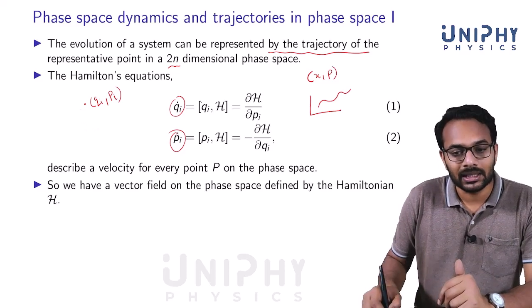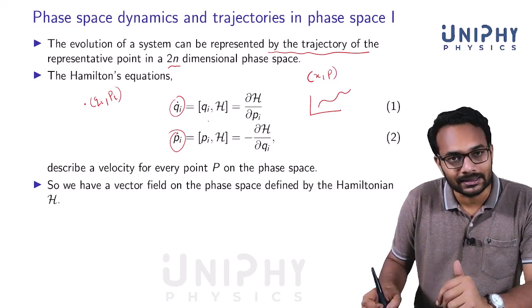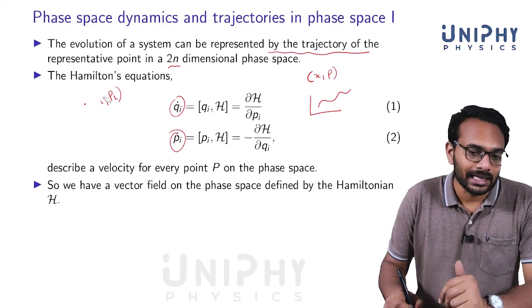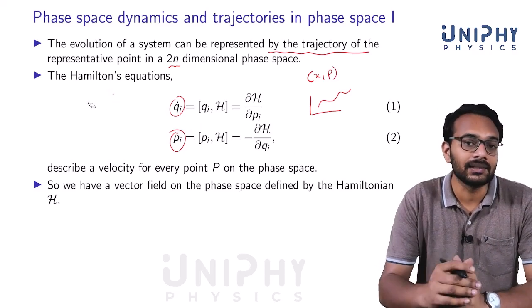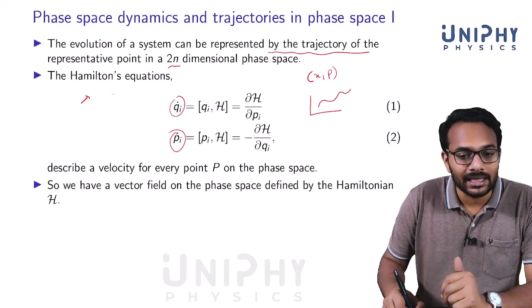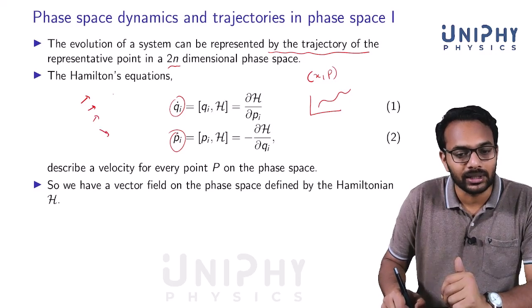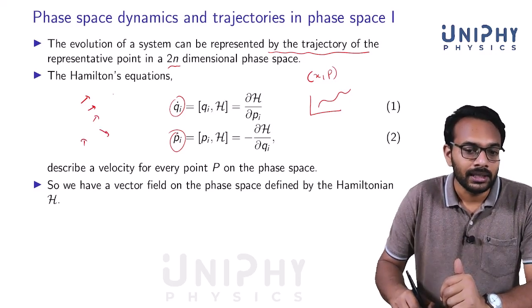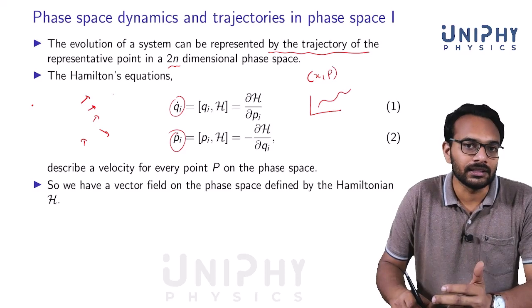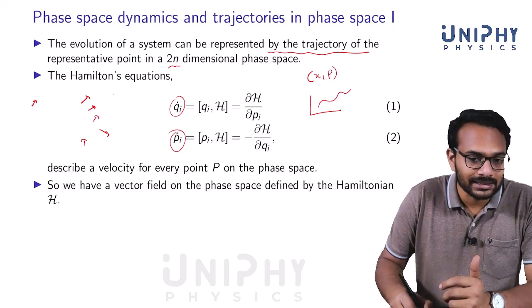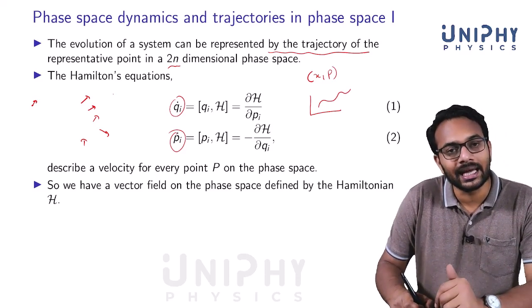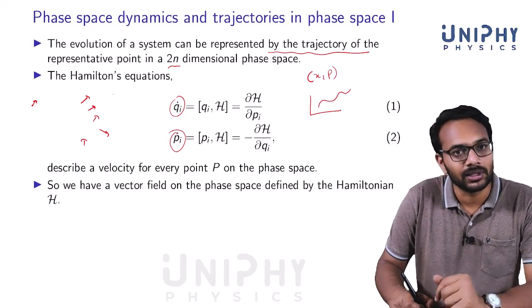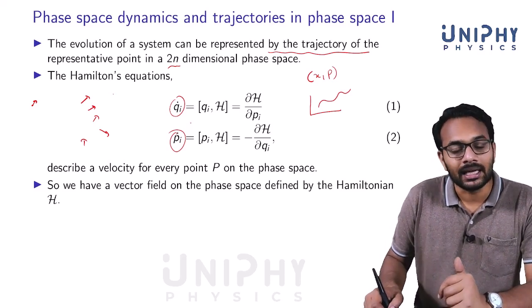So what Hamilton's equations actually do is give you tiny arrows corresponding to every point in phase space. If the system is here in phase space, which way is it directed at one particular instant? That's what the Hamiltonian gives us.